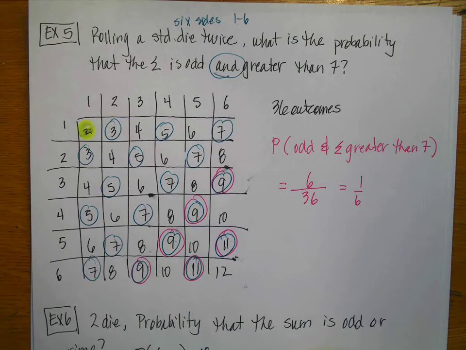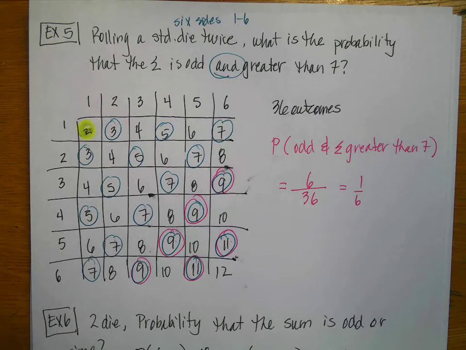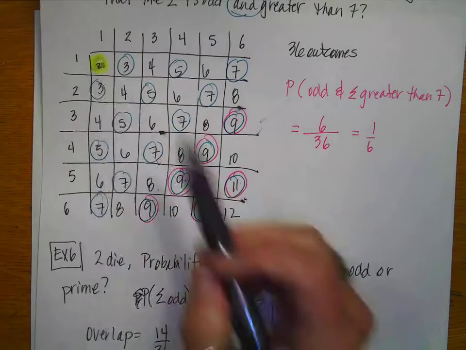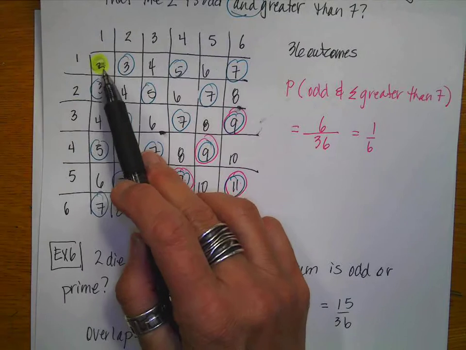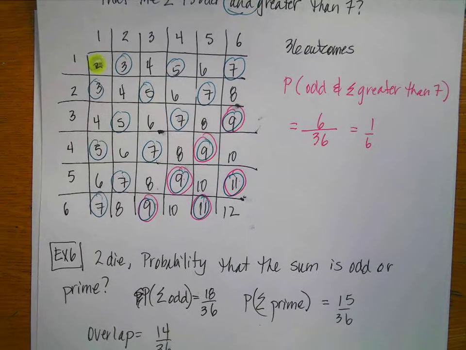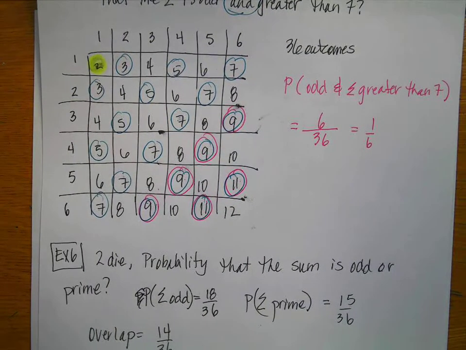So the probability that they are prime is going to be 15 out of 36. Okay, the overlap is going to be 14 out of 36 because they overlapped on all of the numbers except the 2. So the 2 was the only one that wasn't counted.